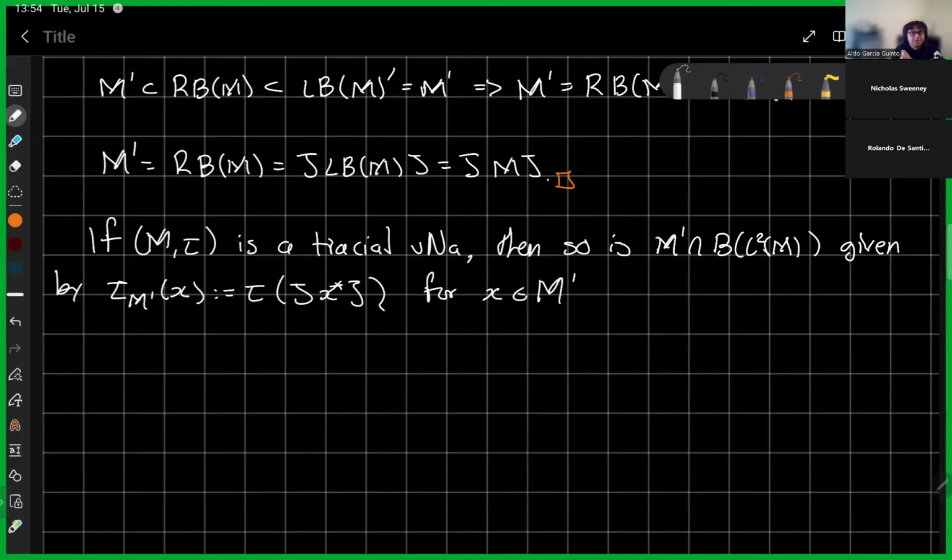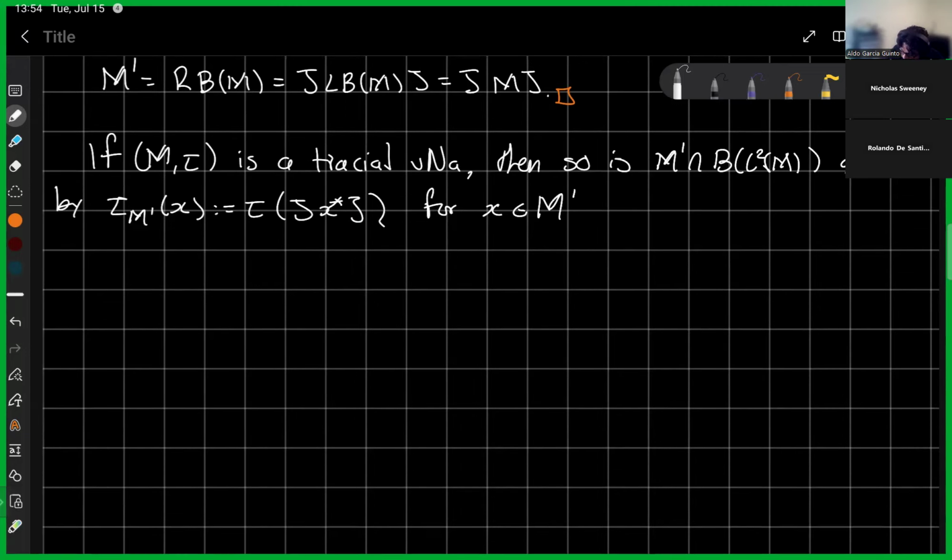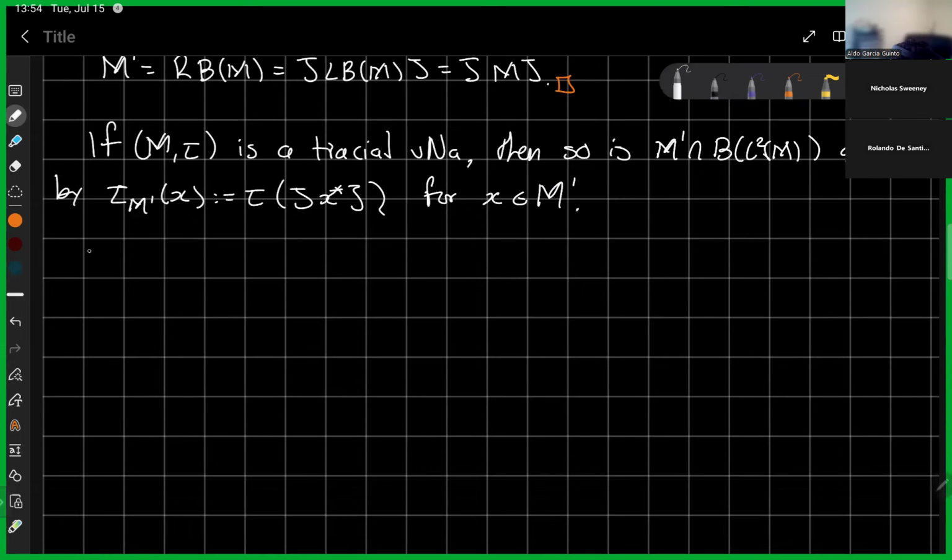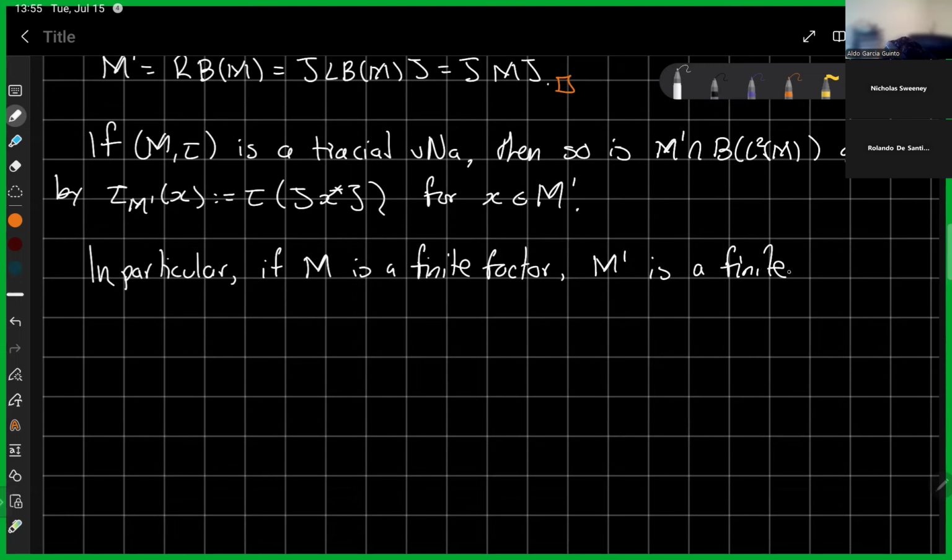Because when you conjugate by J, you'll land on M. In particular, this tells us if M is a finite factor, then you have a unique trace, and using the same construction as above, we have that M prime is also a finite factor, again only in B of L2. This is not going to be true in general.